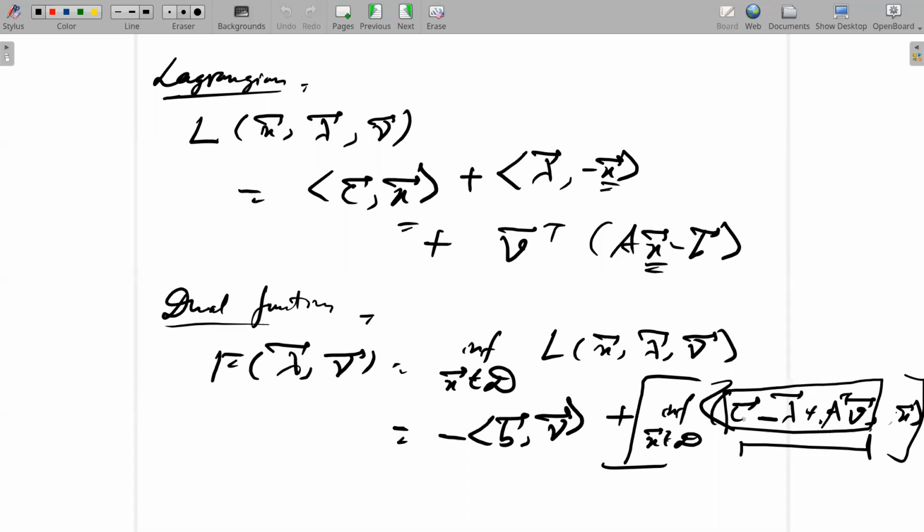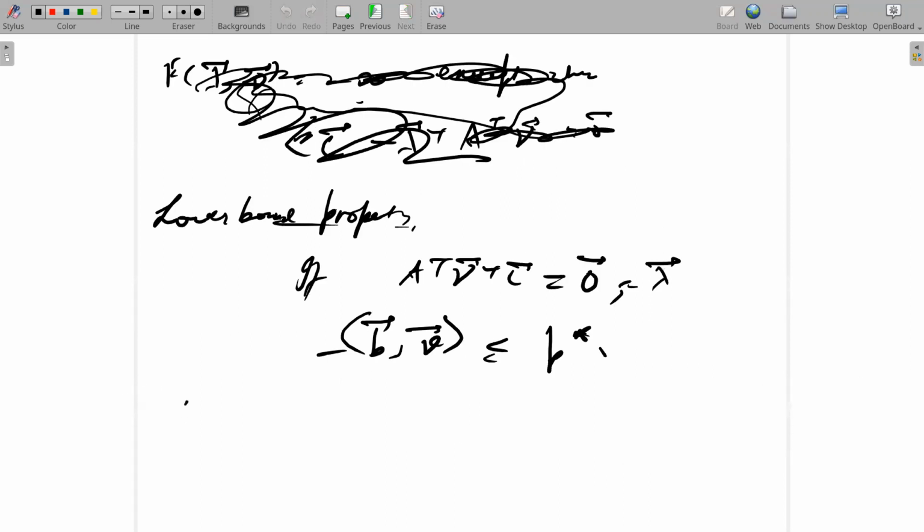So I just looked at f of 0, nu. From that, I have minus B dot nu is something like this. So f of 0, nu is also going to be always less than P star, right? For any lambda nu, this is going to be true. I just choose lambda equals 0, and I choose nu such that A transpose nu plus C is equal to 0. Or in other words, you have this constraint A transpose nu equals minus C.